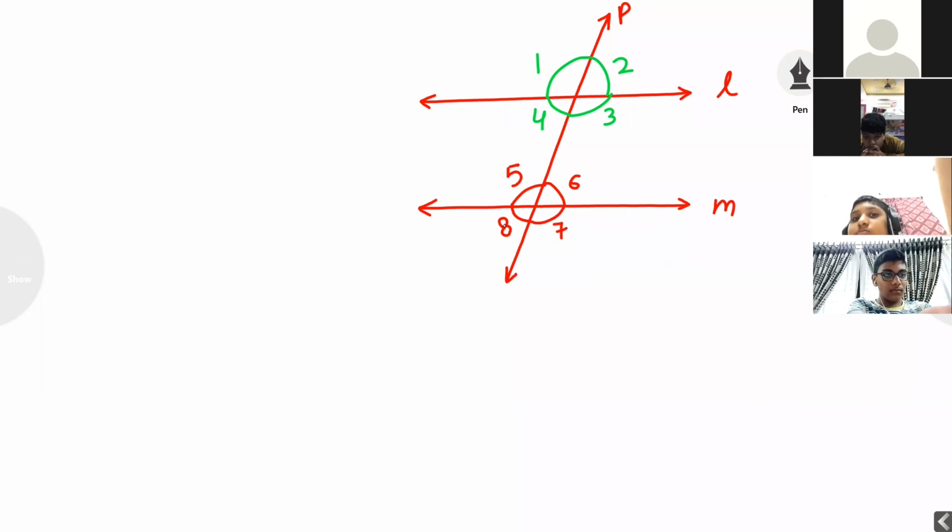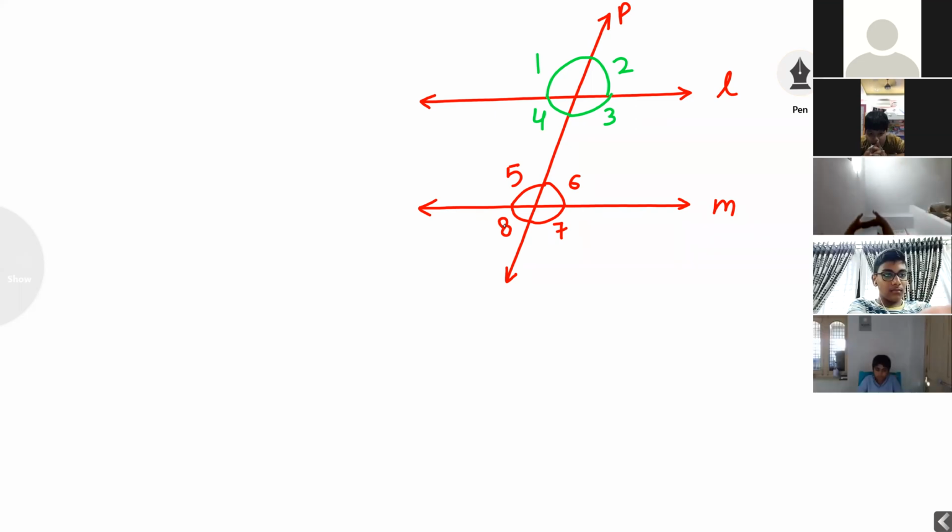Understood? Now, the first concept I am going to explain is interior angle. What is the meaning of interior angle? Interior angles are the angles between these two parallel lines.